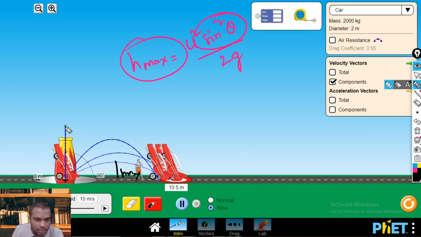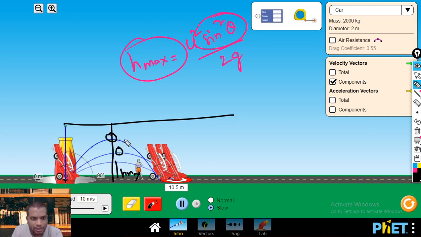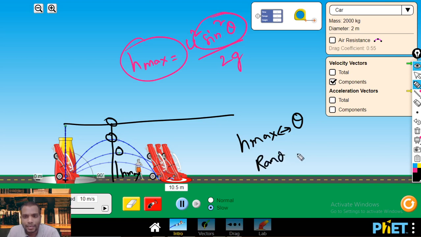So this green point is what we call the maximum height. You notice the considerable change in the maximum height. So the maximum height also depends upon theta, and not only that, the range also depends upon theta.